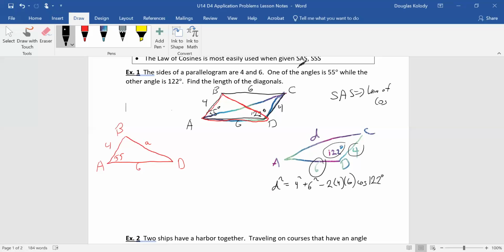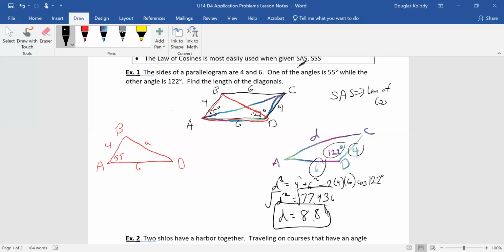It's fairly straightforward. It's the side you're looking for squared equal to the other two sides squared minus 2 times the other two sides times the cosine of the opposite angle. All right, so if I work that through, d squared on my calculator turns out to be about 77.436. I take square roots on both sides, and I get d equaling roughly 8.8.